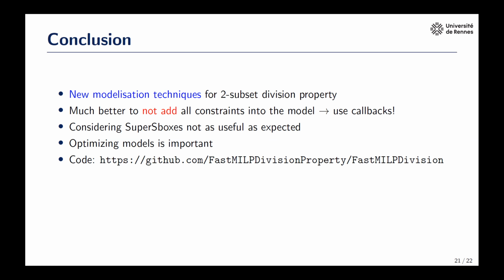And we show that it is better to not have exact models. I think the model should contain only the important inequalities, and the others should be put in a callback, and you only add them to the model if they are needed. The code is available on GitHub. You can look at it.